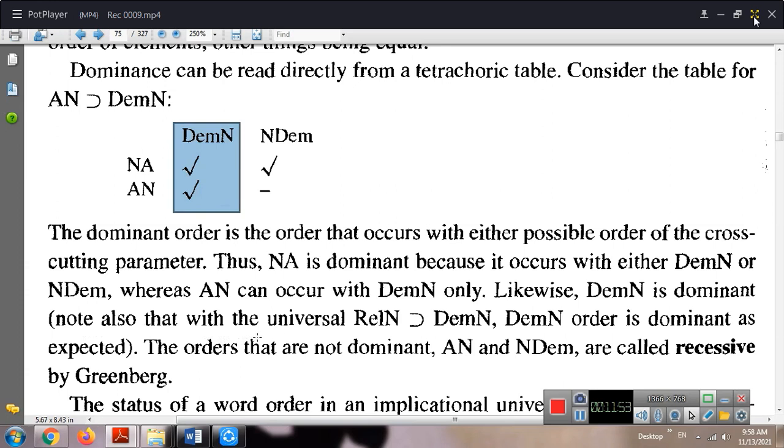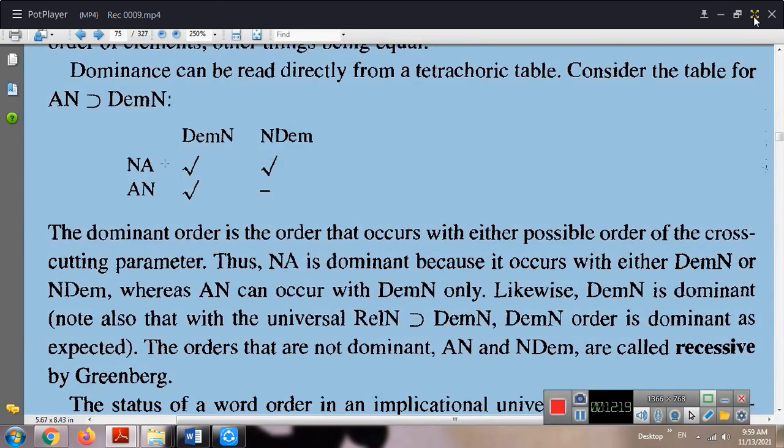Note also that with the universal relative noun and demonstrative noun, if relative noun then demonstrative noun or non-demonstrative, demonstrative noun is the dominant order. The orders that are not dominant are called recessive by Greenberg.